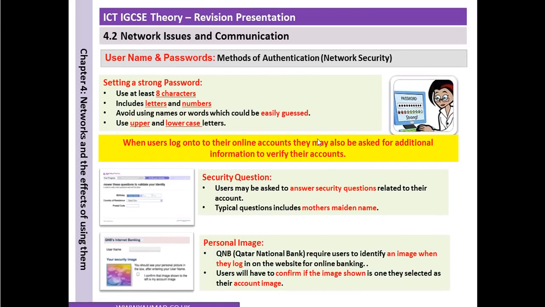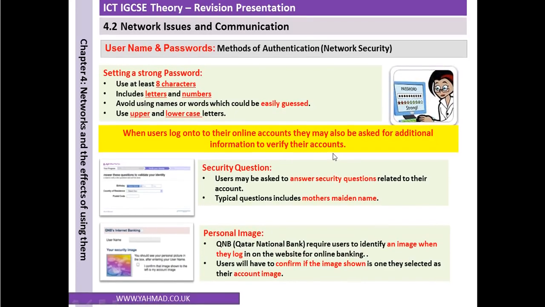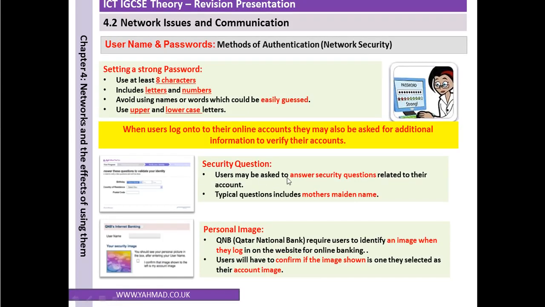So when users log on to their online accounts, they may also be asked for additional information to verify their accounts. For example, with some online banking websites, they may ask you a security question. Users may be asked to answer a security question related to their account. A typical question could include the mother's maiden name.